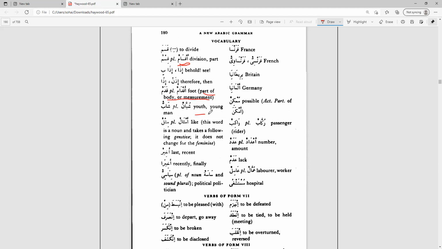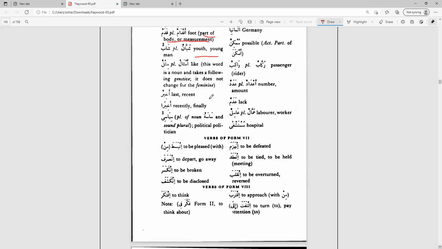Shabun means youth, and the broken plural is shubbanun. Mithlun, amthalun is a broken plural.